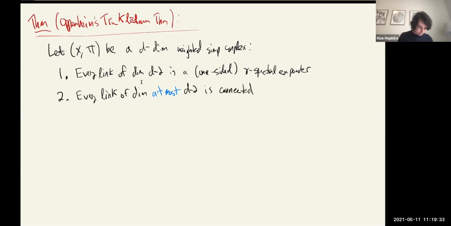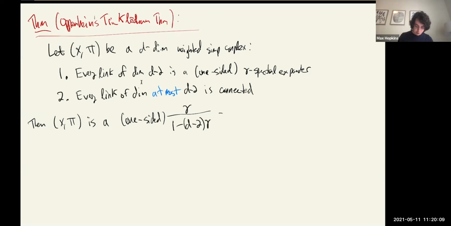And then the implication is that X pi is, again, one-sided for our case, although it's true for two-sided as well, as long as you assume the links are two-sided spectral expanders. So you lose some constant factor in the dimension, like Shahar was mentioning, but 1 minus gamma over 1 minus d, I think 1 minus d minus 2, maybe technically, gamma local spectral expander.